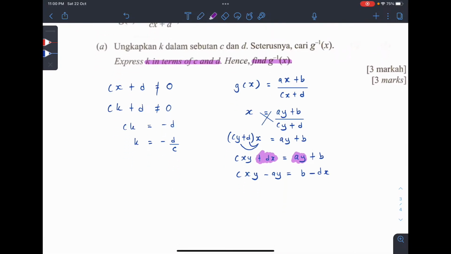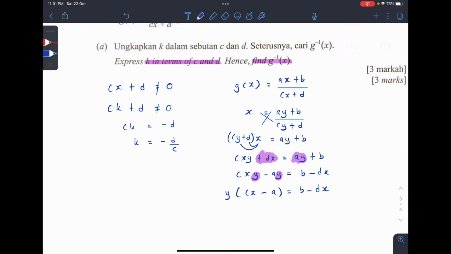Now, guys, can you see that there are two y's on the left? So what does that mean? Yes, we can factorize them. So it will become y times (cx minus a) equals b minus dx.